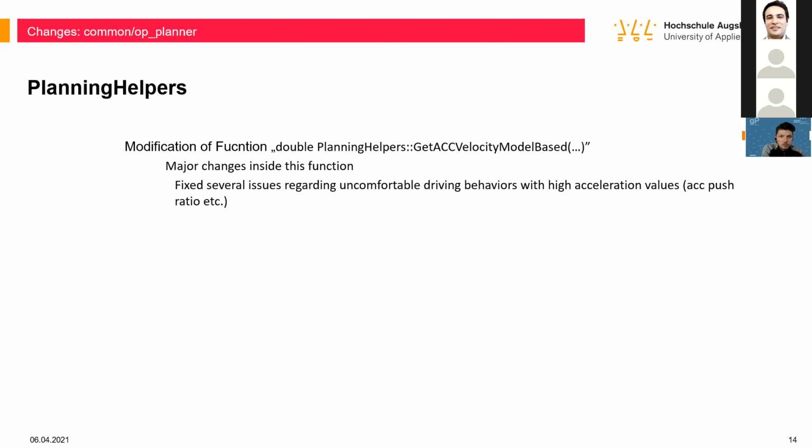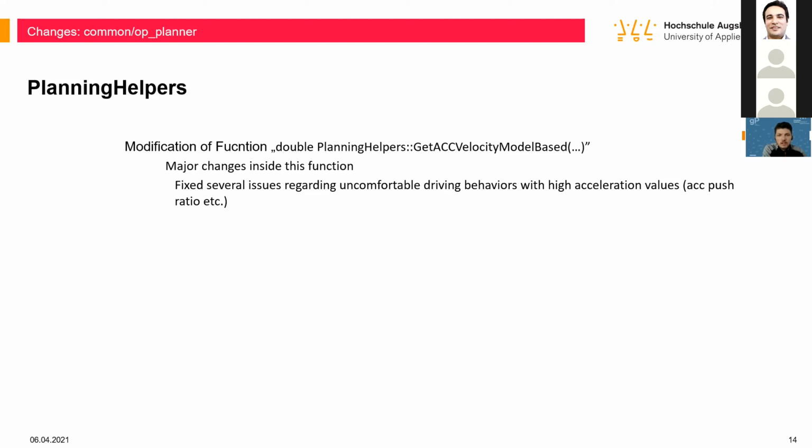Planning helpers, we had some little modifications. Major changes, yeah, second, probably I just mixed up major and minor. Fixed several issues regarding uncoupled driving behavior with high acceleration. There were major changes.